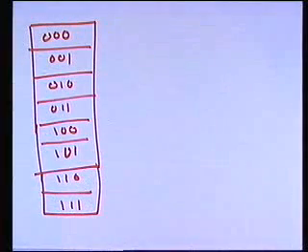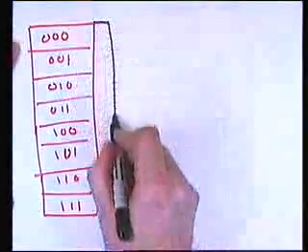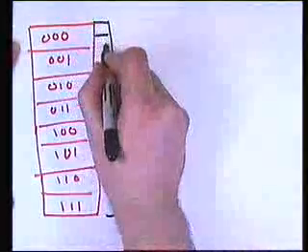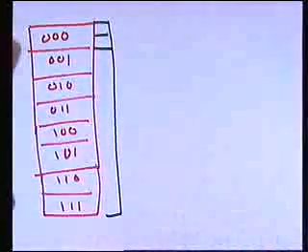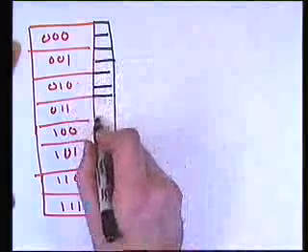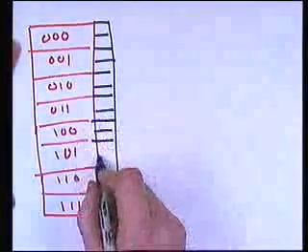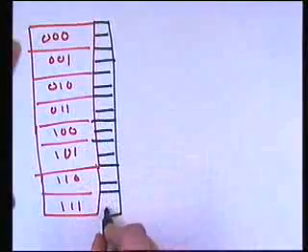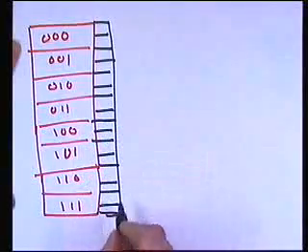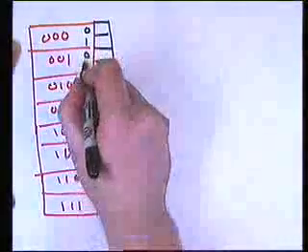Those are my 8 cells. What I'm going to do now is say, let's imagine dividing each of these into 2 parts. That is, we're going to add a 4th bit, and that 4th bit can be 0 or 1.